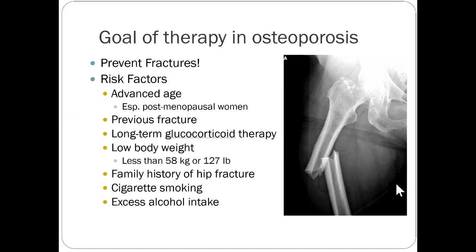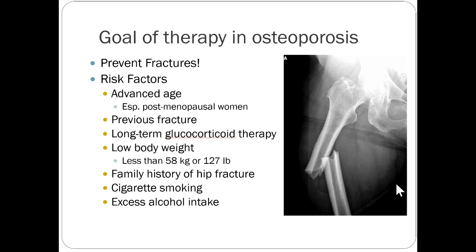Goal of therapy, we want to prevent fractures, like I just said. Risk factors: people of advanced age, especially postmenopausal women, and I'll show you a chart in a second, but basically postmenopause, it's difficult for women to maintain as much bone mass as men. Previous fractures. Long-term glucocorticoid therapy can cause osteoporosis, and we're talking about long-term, not like you took a steroid burst for a couple of weeks.